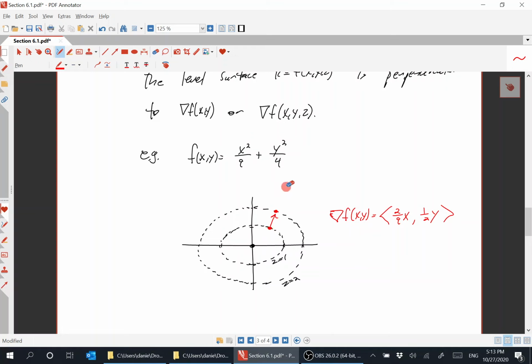So perpendicular at every point to the level curves themselves. That's not really perpendicular there. Here we are. Here it's going to be pointing straight down, so on and so forth.